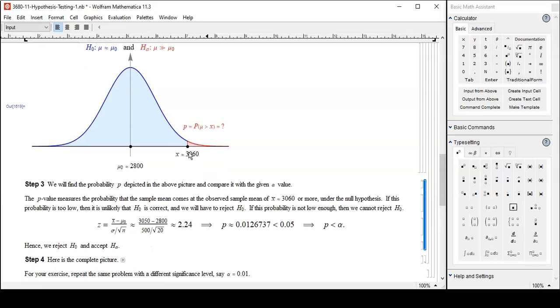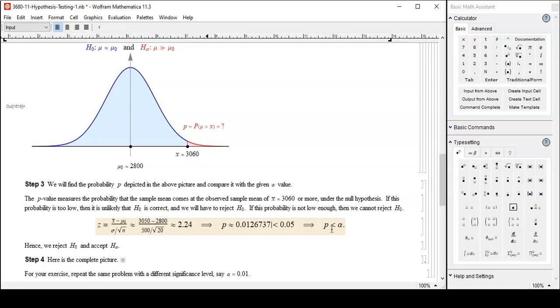So z-score is x minus mu over SE, or end minus center over SE, 2.24. And if you look up your z-table with 2.24, it's going to be about this, 0.026 something. Okay, and 0.127, I guess. This one is a little bit more accurate because I use Mathematica to calculate instead of the z-table.